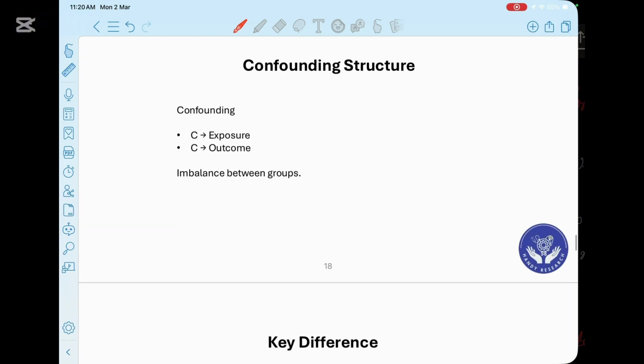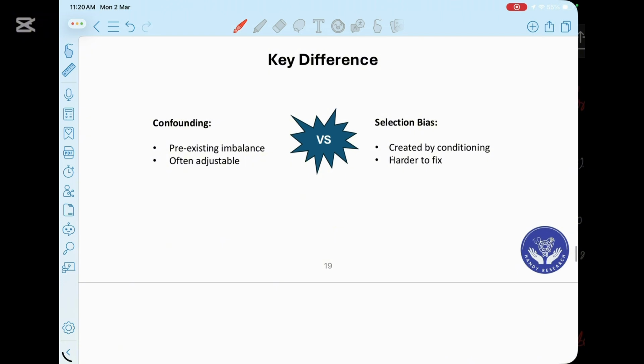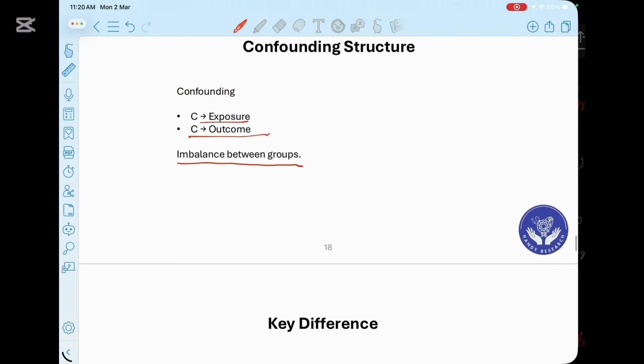In conclusion, let's understand confounding versus selection bias. Confounding leads to the exposure and confounding leads to the outcome. It is an imbalance between groups. While in selection bias, exposure leads to selection and outcome leads to selection, then conditioning on the collider leads to selection bias. Confounding often can be adjusted, but selection bias often cannot be fully corrected.